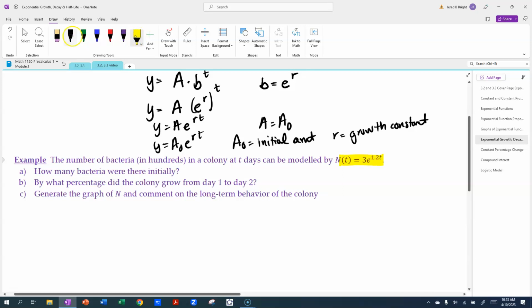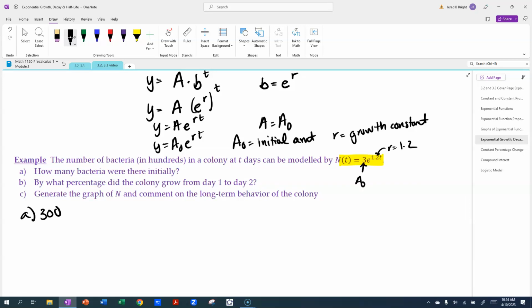The question is, how many bacteria were there initially? I'm going to say there were 300. How did I get that? If I look at this, 3 is a0 and r is 1.2. So initially there were 3, but it's in hundreds, so 300 bacteria.